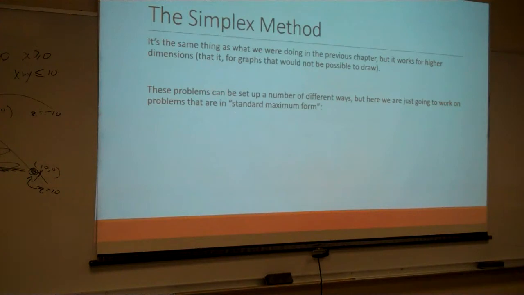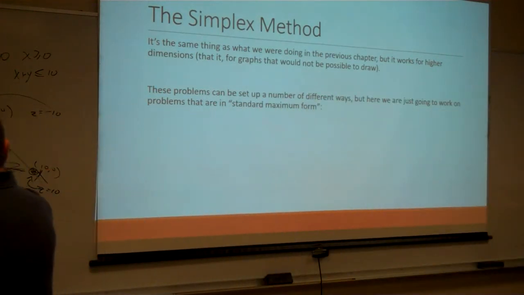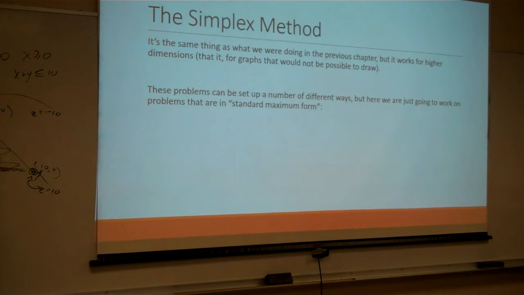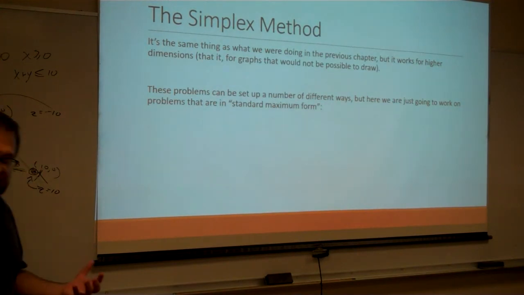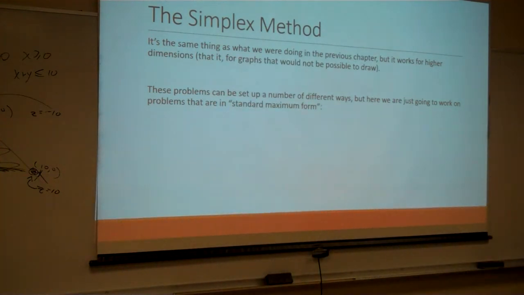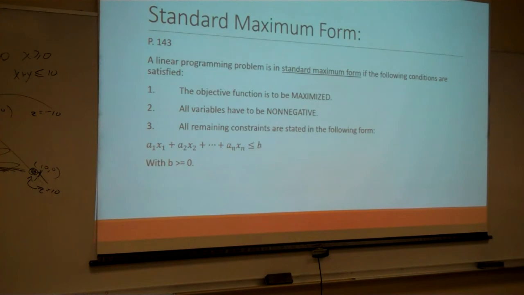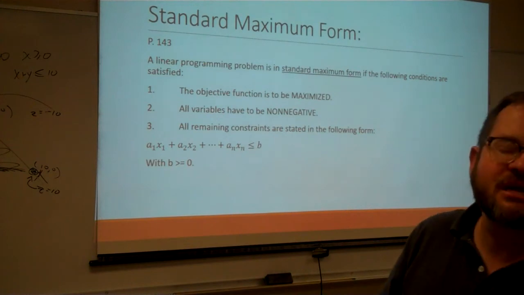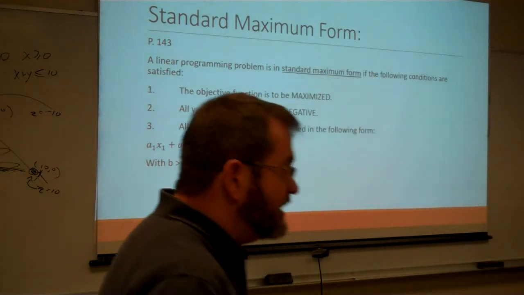A standard maximum form problem is about finding the maximum of an objective function over a region, like what we've been doing here, where we evaluated over a feasible region to find which of the corners had the maximum value of the objective function. On page 143 in the book, they give you a definition of what it means to be in standard maximum form.